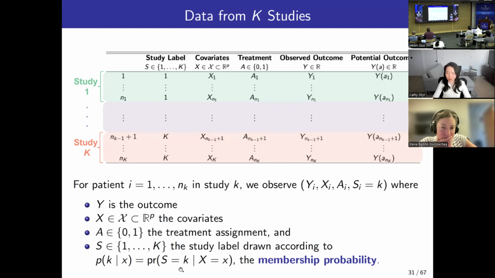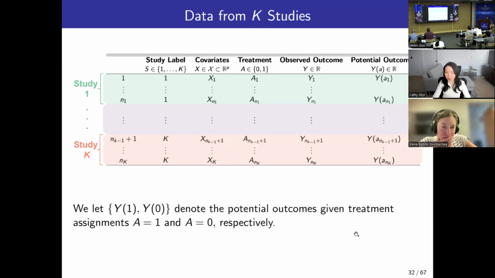The membership probability, denoted by little p_k of x, is the probability of belonging to study little k given the covariate vector little x. In addition, we let Y1 and Y0 denote the potential outcomes that would have been observed under the treatment assignments A equals 1 and A equals 0, respectively.